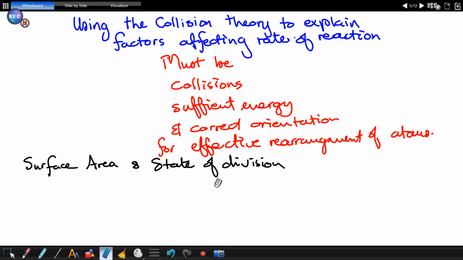The energy of the particles will be constant, but there will be more collisions, and the chances are that there will be more collisions with the correct orientation in the same period of time. There will be more effective collisions per unit time.